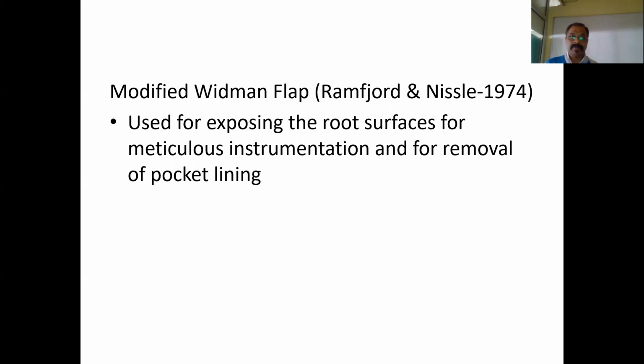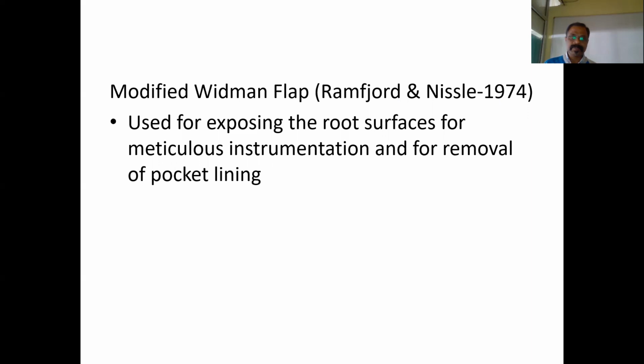So here the objective was not to eliminate the pocket, but rather, by doing these two procedures, that is removing the root surface accretions as well as removing the pocket lining, it led to a reduction in the pocket depth.